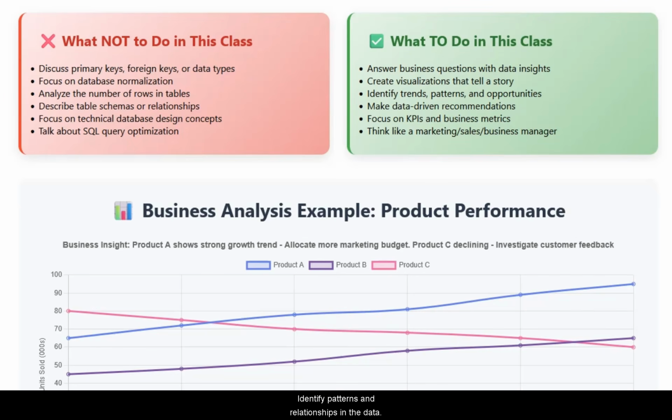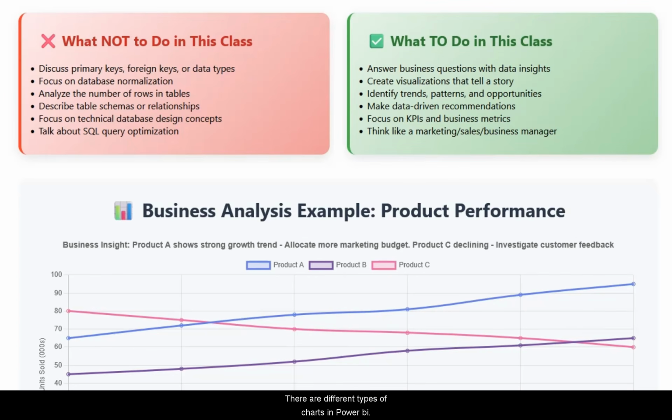Identify patterns and relationships in the data. For example, you identify that product A sells more in region B than product C. Calculate and interpret KPIs like sales growth, customer lifetime value, conversion rate, if it's available in your data set. Create clear, insightful visualizations such as bar charts, line charts, pie charts.